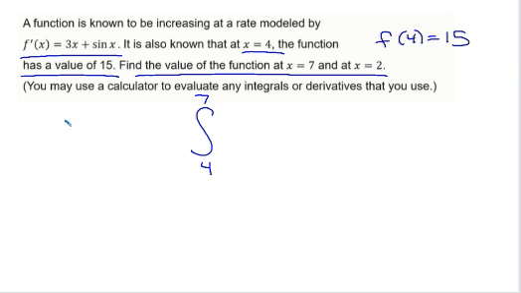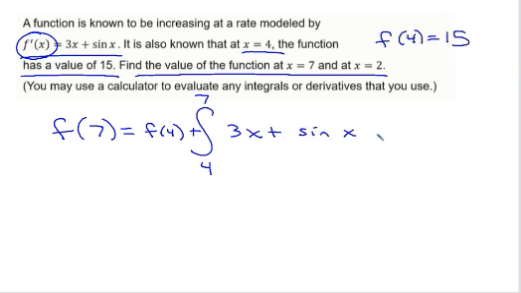So I'm going to have my f of 7 over here, and it's going to be equal to f of 4 plus the integral of f prime of x, which they give me, 3x plus the sine of x dx. If you know the accumulation model plan, this is pretty easy. It's really just plug and chug.